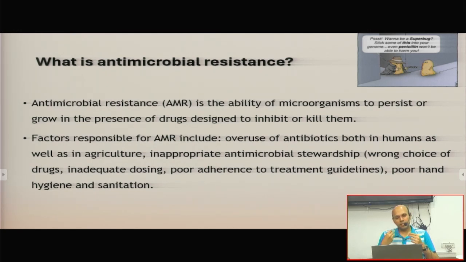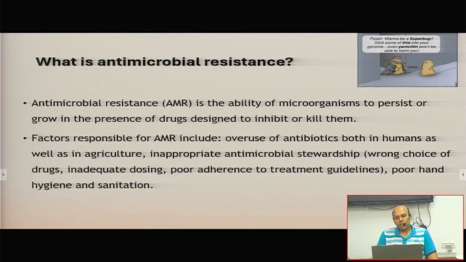Whether that is wrong choice of drugs, so you are giving incorrect drugs, or inadequate dosing, so instead of five, you are giving only two tablets, for example, or poor adherence to treatment guidelines, or you are giving more antibiotics than needed.